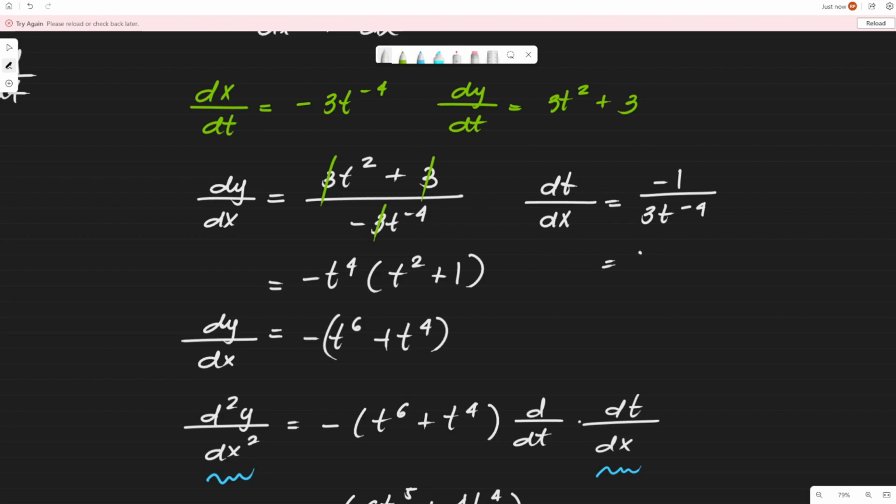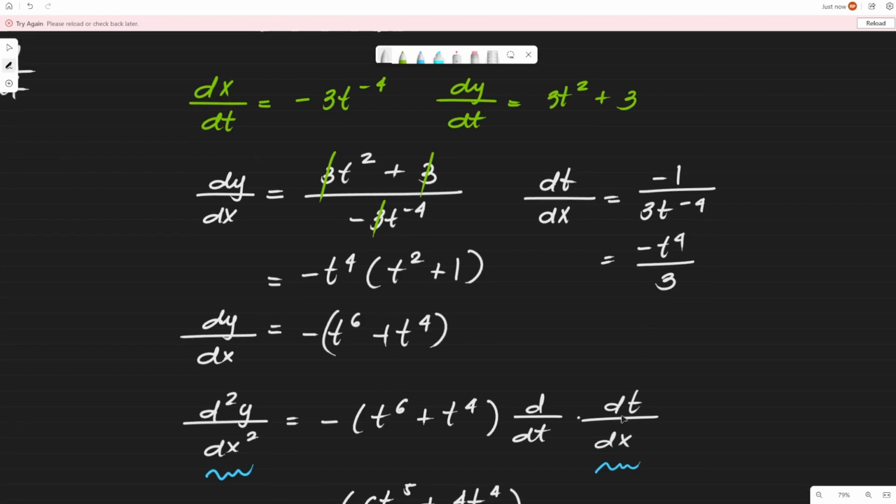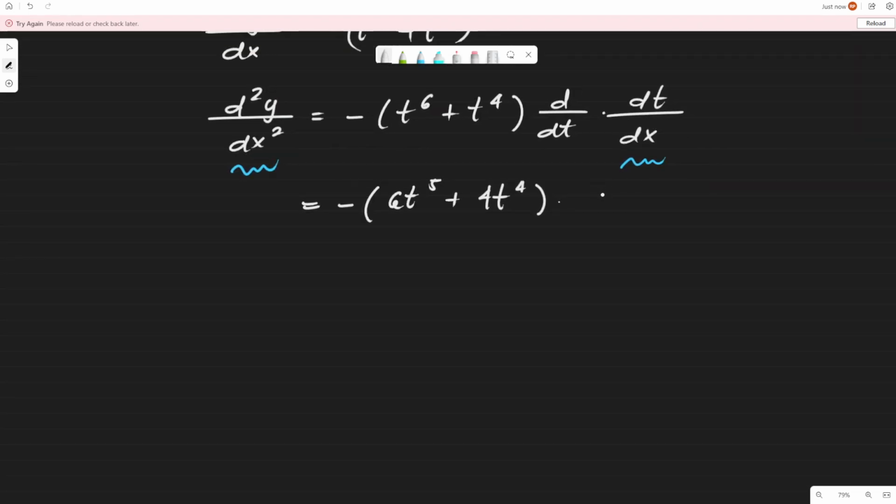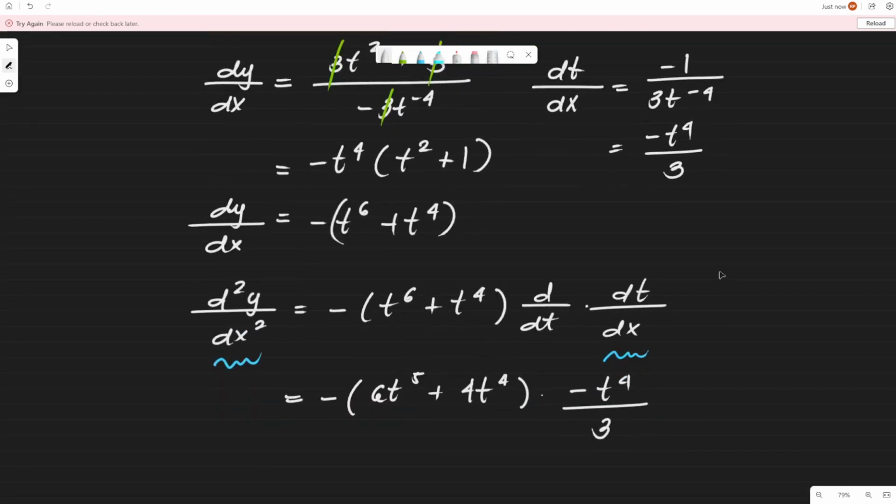So this is equal to negative t to the fourth over 3. Is that right?